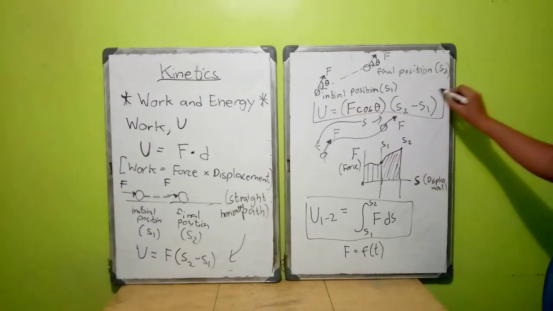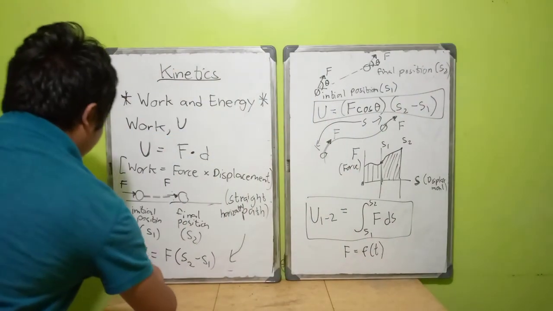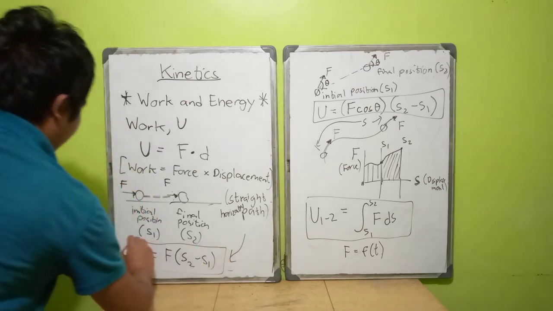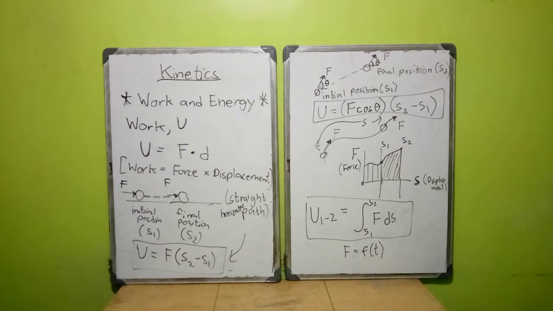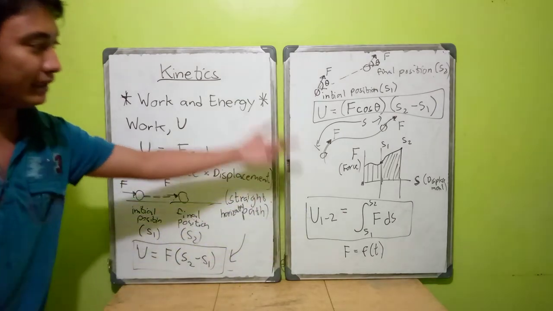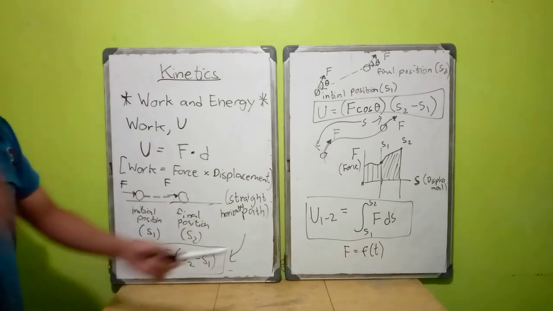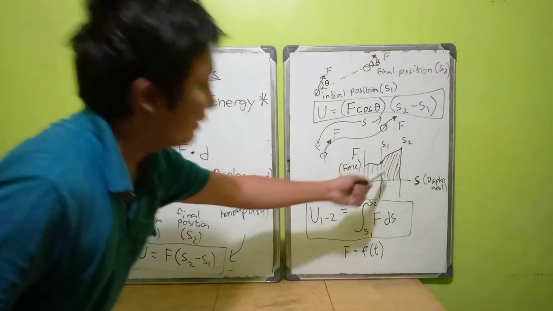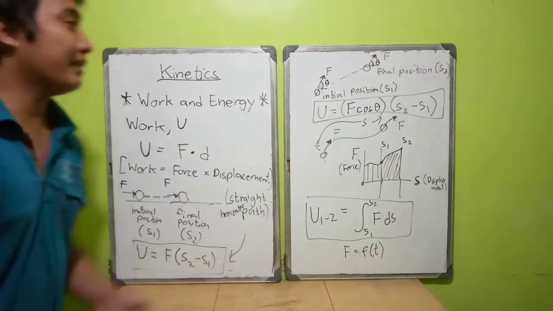That is how you compute the work of your forces moving horizontally, or in an erratic manner, or in a manner that follows an equation of force relative to time.